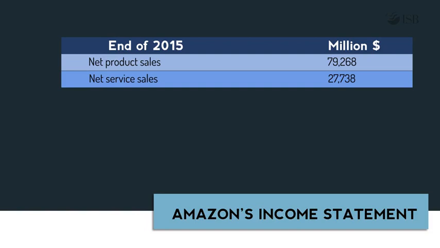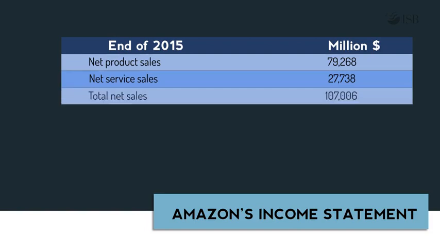Net service sales are largely Amazon's share of revenue of items sold by third-party sellers. Taken together, Amazon's net sales revenues for 2015 was $107.01 billion. Next time, we will start looking at the various expenses a company incurs in generating these revenues.